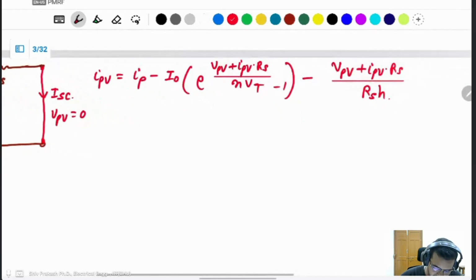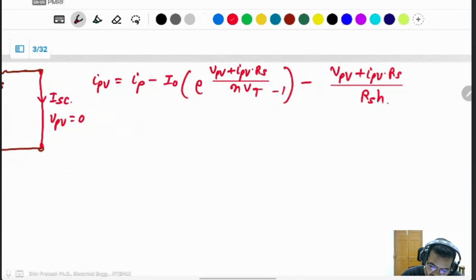But in this case VPV will be 0, so this will be 0. VPV here also will be 0. Then this current will become the short circuit current.